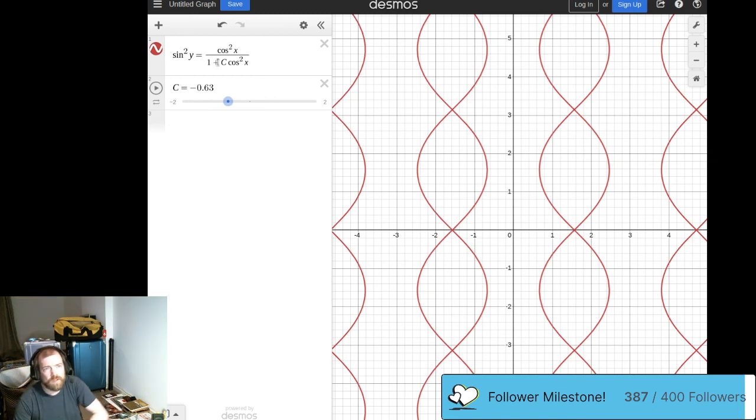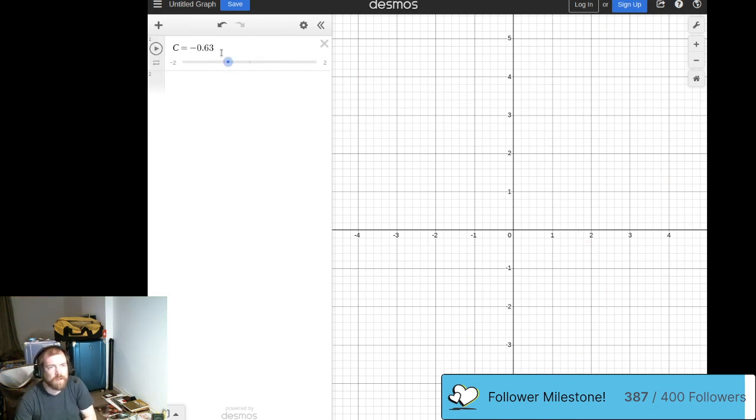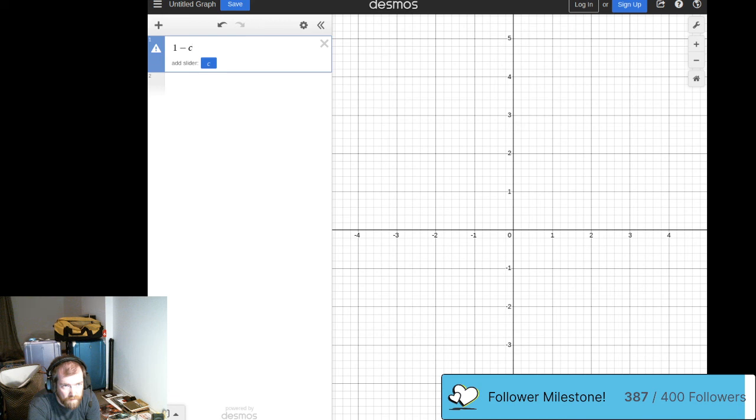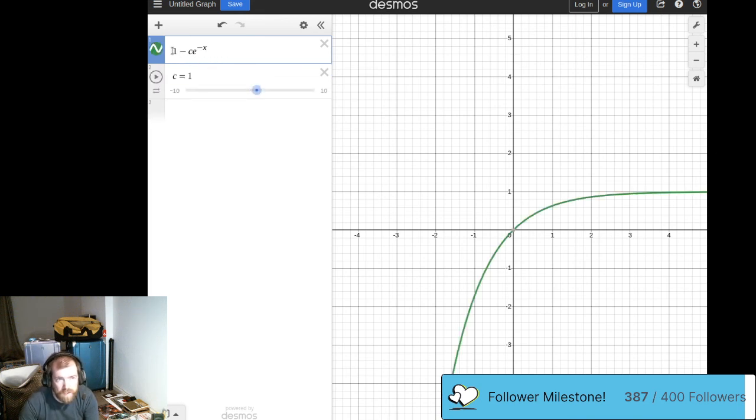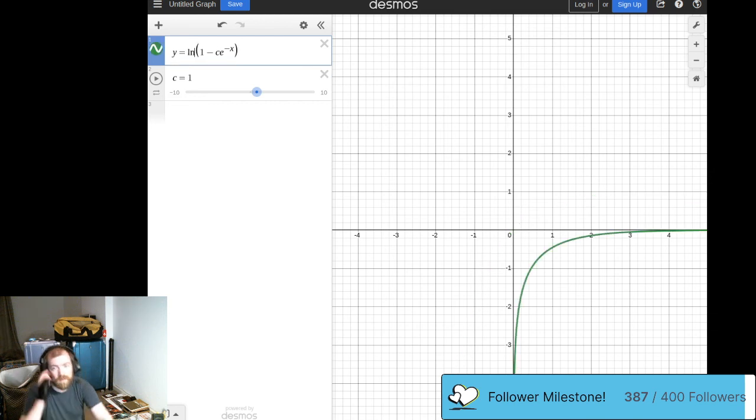So natural log, get rid of that. Get rid of that too. 1 minus c e to the negative x. Add a slider for c, and then we want to take all this stuff. Right, y equals natural log of that.